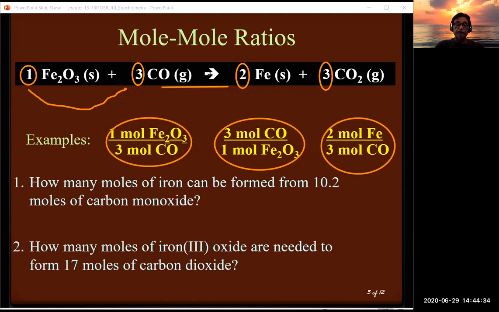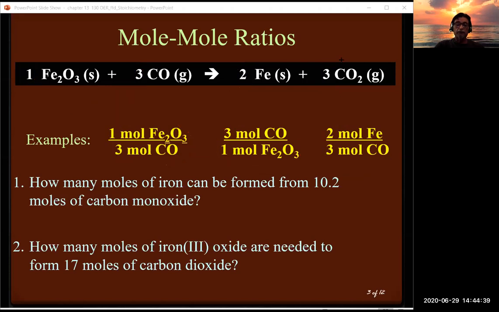Let me clear this for a minute to point out all of the relationships that you have. Between reactants, you have this relationship between the iron(III) oxide and the carbon monoxide, 1 to 3.